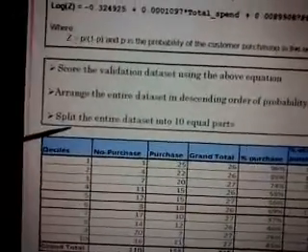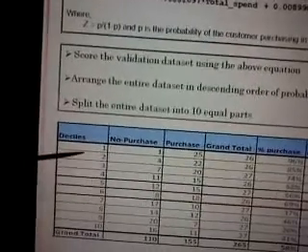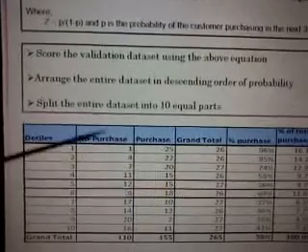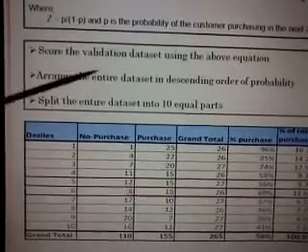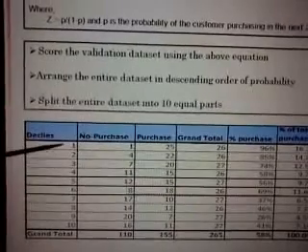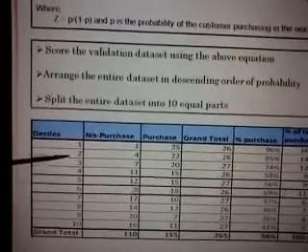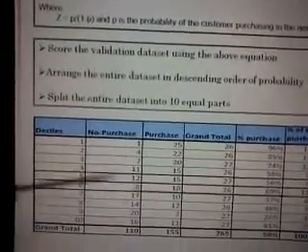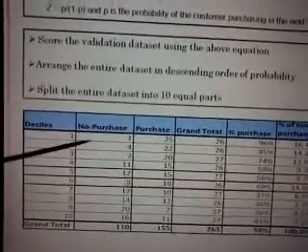Then we split the entire data set into 10 equal parts, or deciles. The top 26, those having the highest probability, form the first decile. The second decile has the next 26, the third decile has the next 27, and so on.